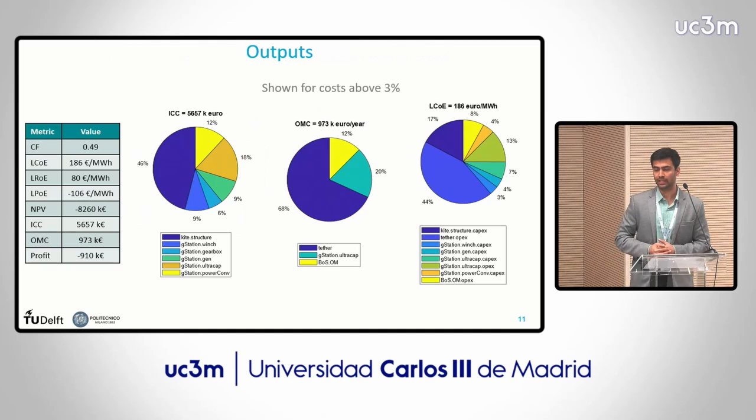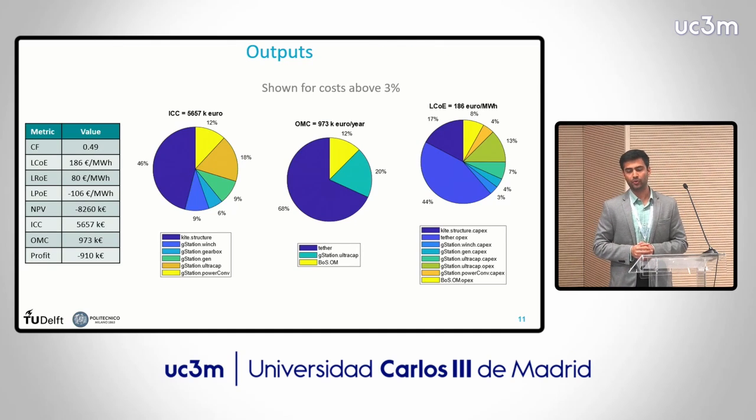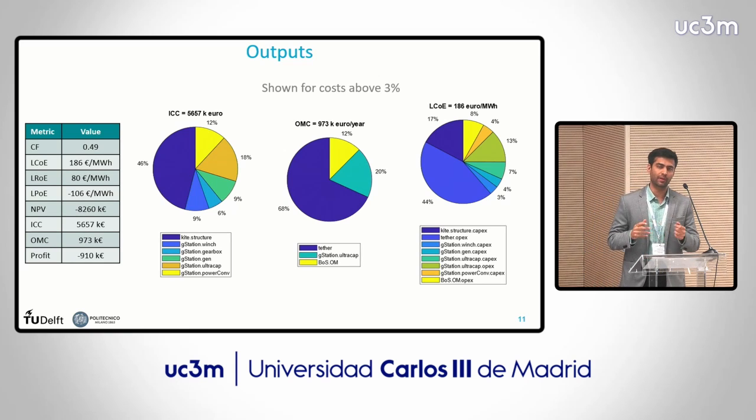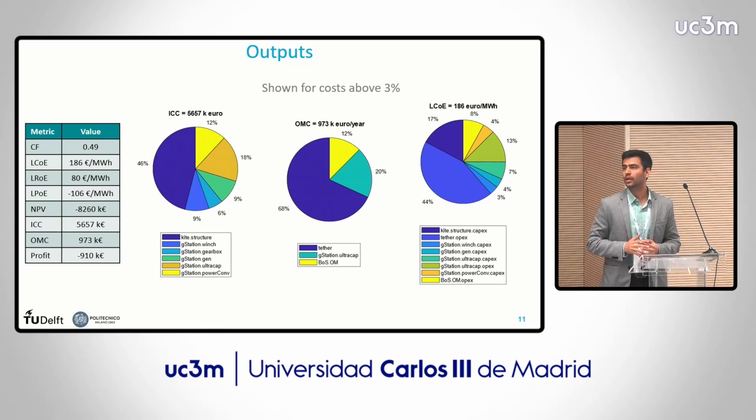So now some results. On the left, you see a table summarizing some metrics. The capacity factor is 0.49, which is kind of reasonable in terms of the power curve and the system data that we have simulated. The LCOE here you see is 186. The number itself is not actually relevant.